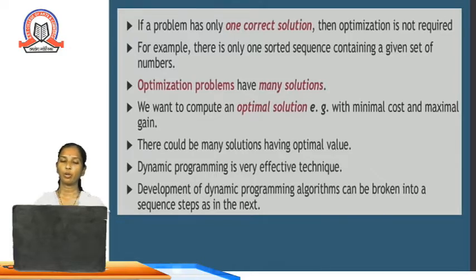The development of a dynamic programming algorithm can be broken down into a sequence of steps, which we are going to see next. So two things one has to remember: a dynamic programming problem is an optimization problem, and it is also going to be solved using the technique that is memoization. So memoization is going to be used.